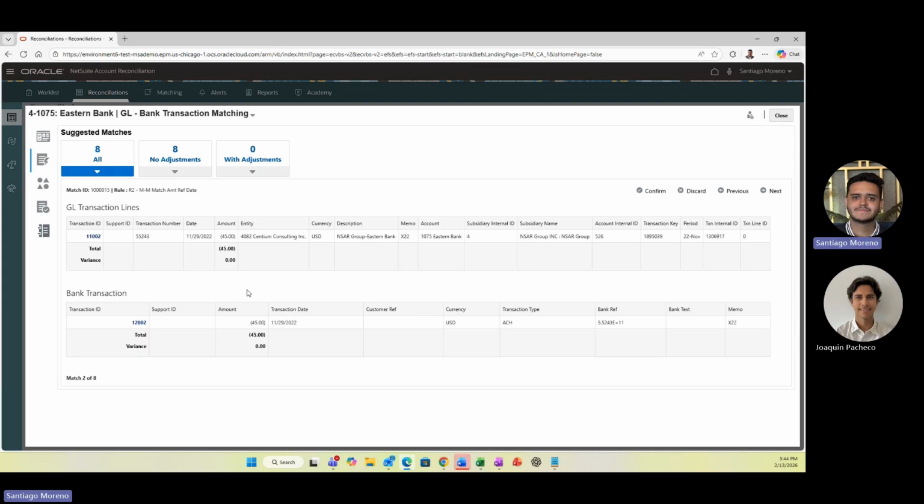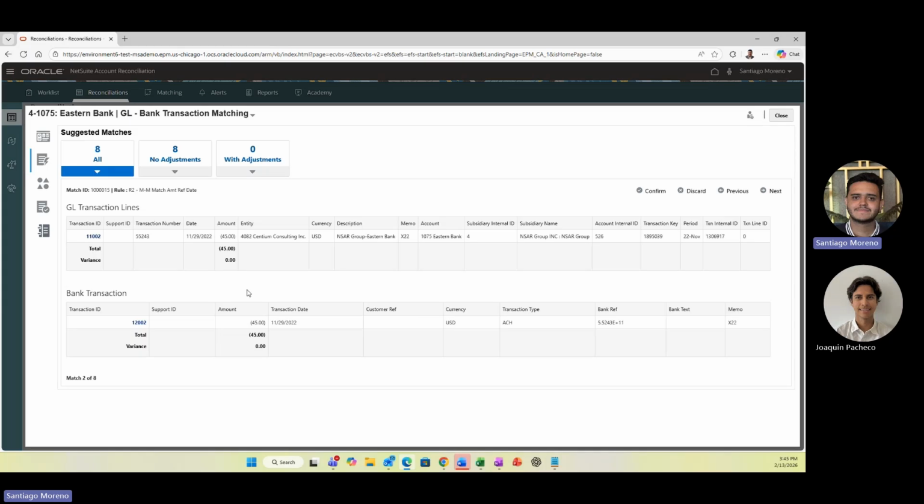This can be really time consuming depending on how big the amount of transactions is, but you need to consider that not all the registers in NetSuite are going to be a single register. To give you a quick example, the bank could send a single amount, and on the bank it only shows as a single amount, but you're registering that in NetSuite by customer.